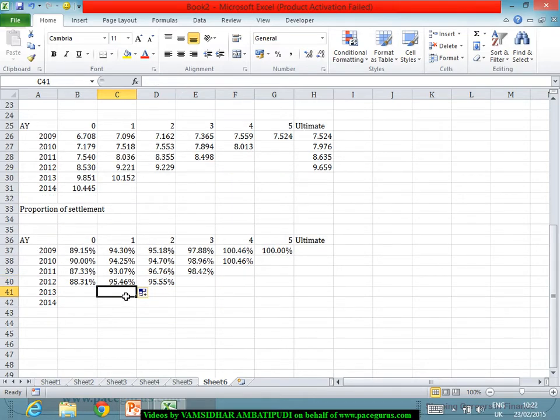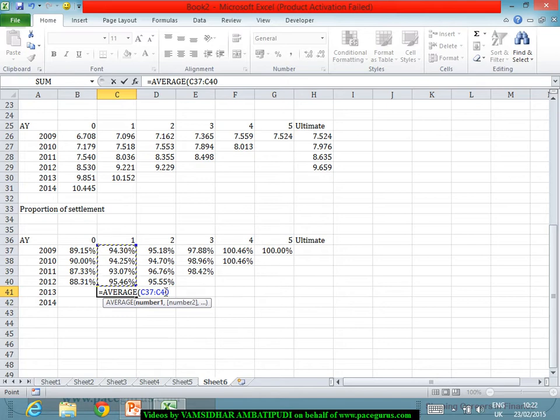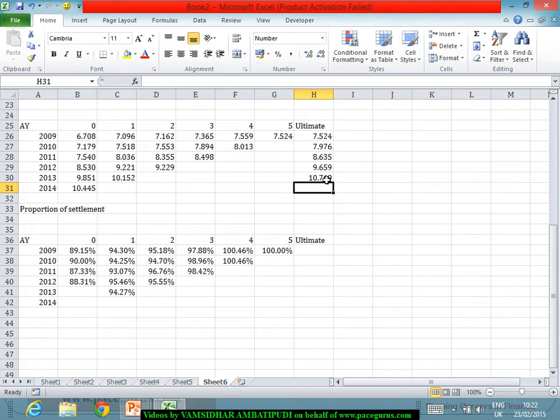95.46%. The same logic I'll do for 2012, taking the simple average of all these, and doing 2013's ultimate computation, taking it to 10.769, helping me to determine this number.